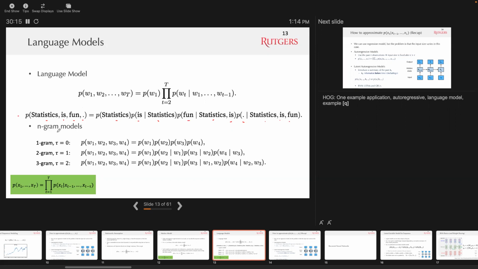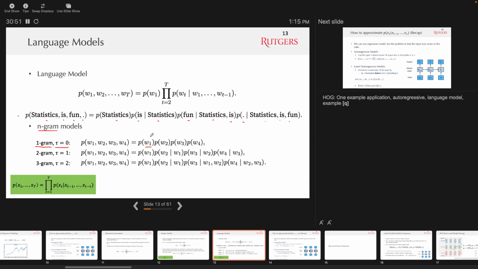or stationary assumption. In natural language, they call it a different name, which is n-gram model. In a 1-gram model, the model will only look at the word itself when computing the likelihood of the sentence. A 1-gram model is actually equivalent to our autoregressive model or a Markov model where tau equals 0, because when computing the probability of W1, it's not conditioning on anything.